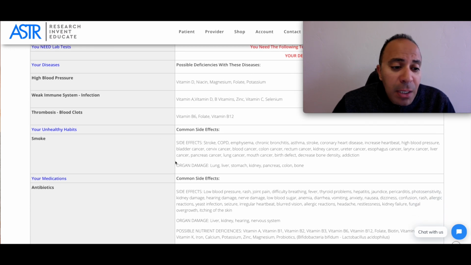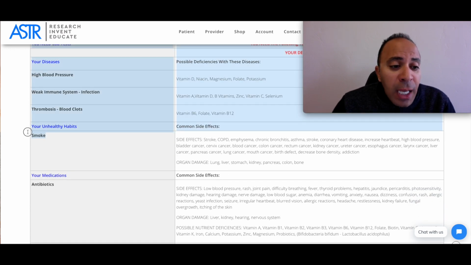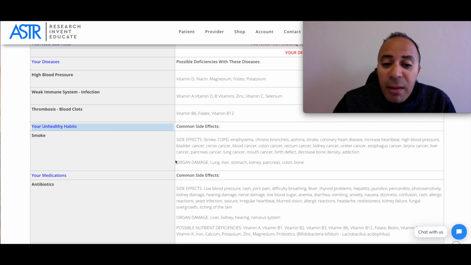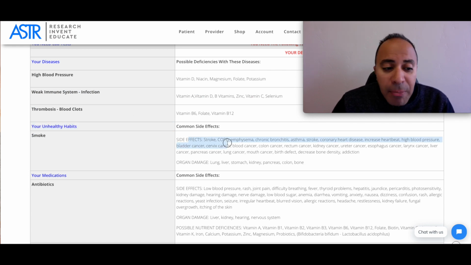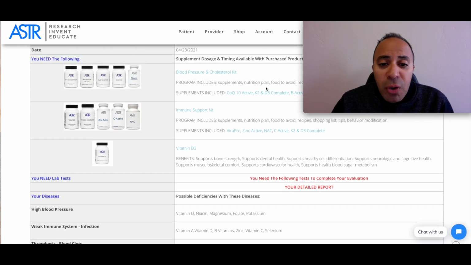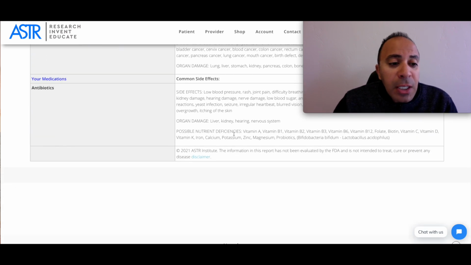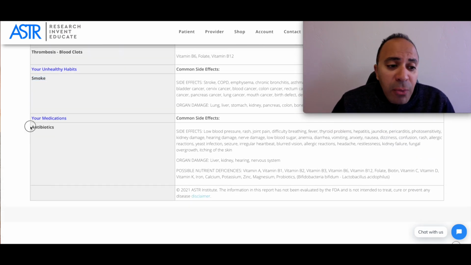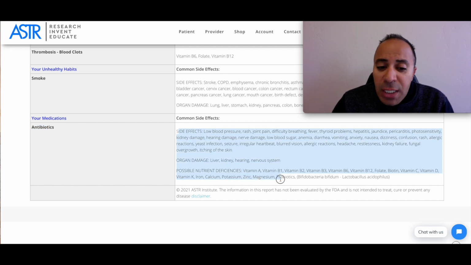For this person, he says that he smokes. So it shows if you have any unhealthy habits and what possible side effects could happen from that bad habit. The rest of the bad habits will be included in the programs that the software will be recommending. If you're taking any medication, the software also shows you the possible side effects of the medications and possible nutrition deficiency from that medication.